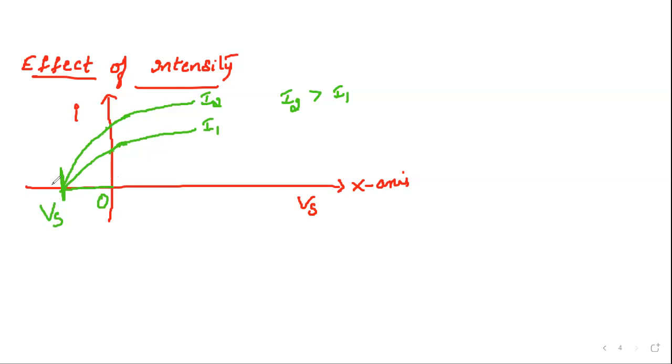So for different intensities, please remember, we are not getting different potentials. We are getting the same potential. For different intensities, the stopping potential is going to be the same.